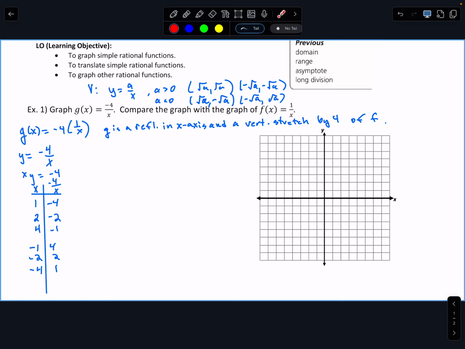When it is of this form right here, 1 over x or any value over x, the horizontal and vertical asymptotes are the x and y axes, because there's been no shift left or right or up or down. And so my vertical asymptote is going to be x equals 0, and my horizontal asymptote is going to be y equals 0.